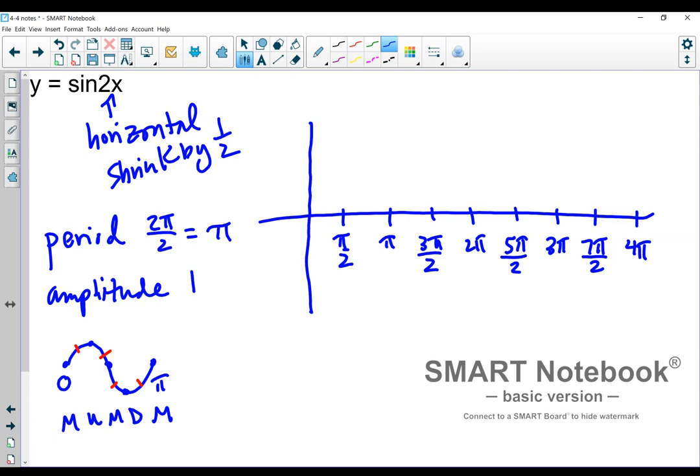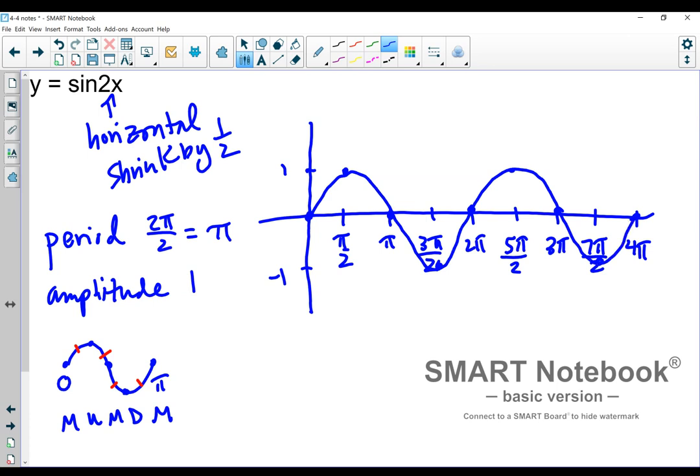So here's my parent function, because we're kind of practicing those as well. 1, -1. So middle, up, middle, down, middle. All right, so here's the parent function.